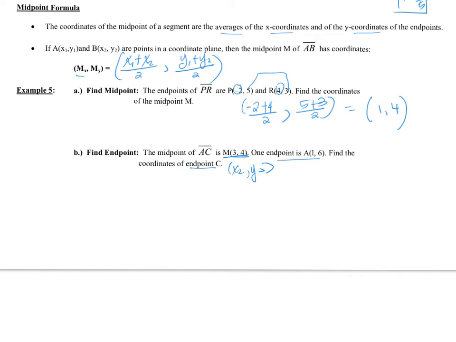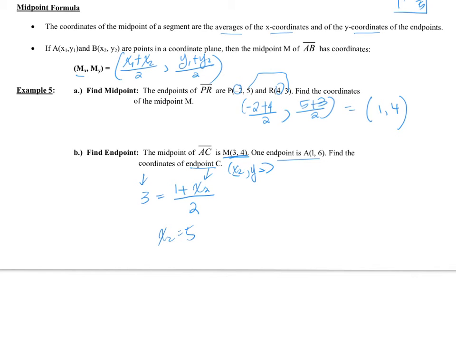And now I'm going to set up two equations. 3 equals 1 plus x2 divided by 2. So instead of calculating for the x coordinate of the midpoint, we're looking for the x coordinate of the missing endpoint.